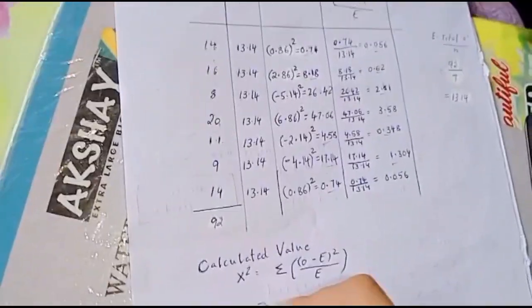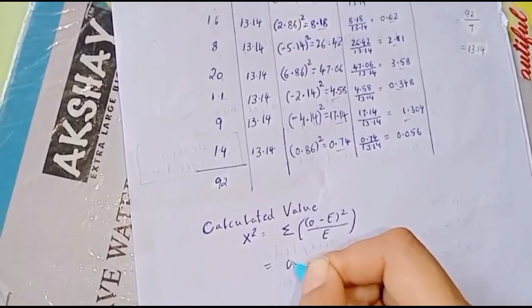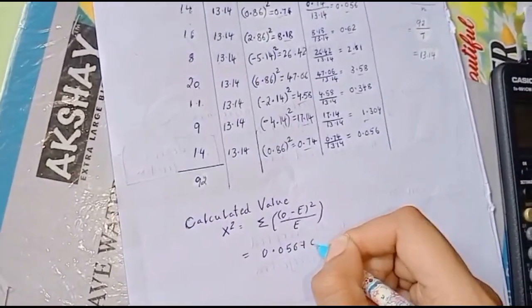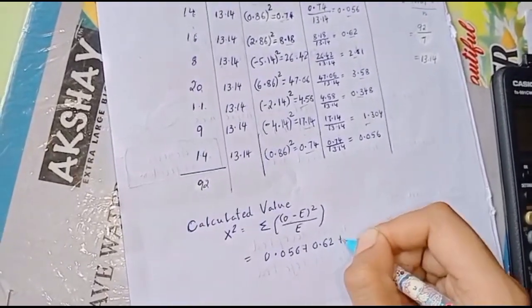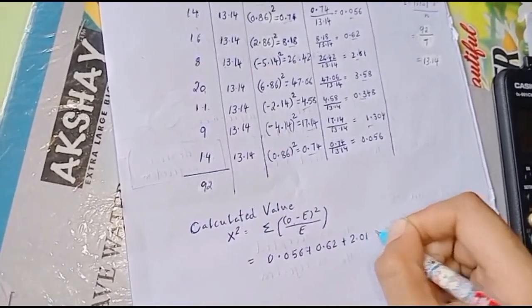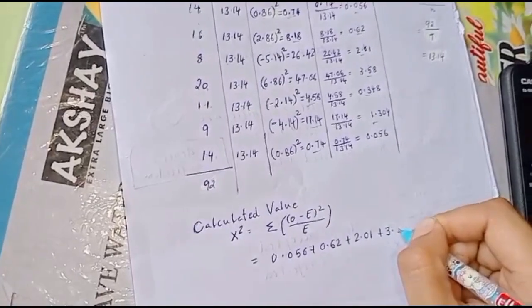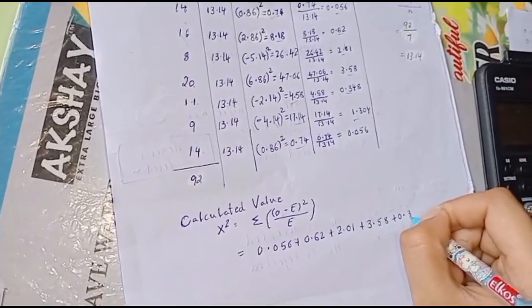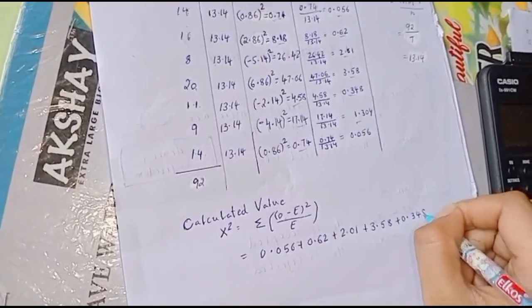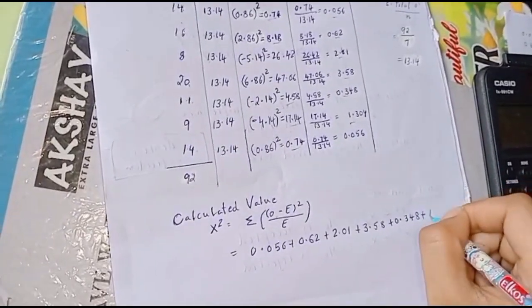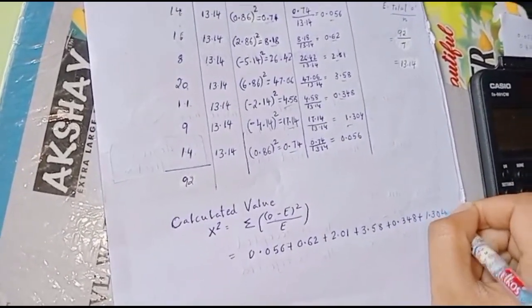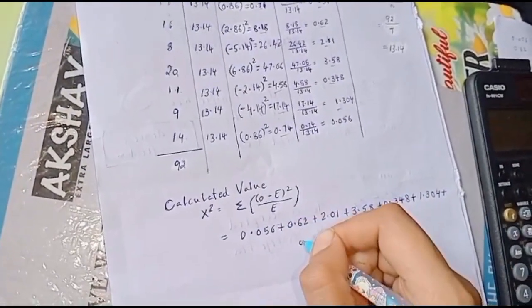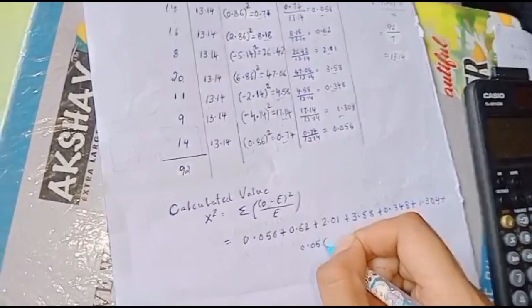Now let's add: 0.056 plus 0.62 plus 2.01 plus 3.58 plus 0.348 plus 1.304 plus 0.056.